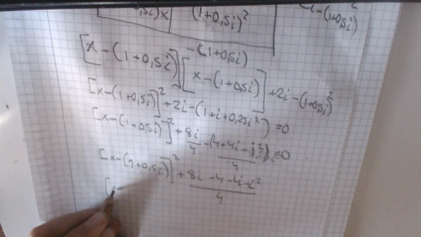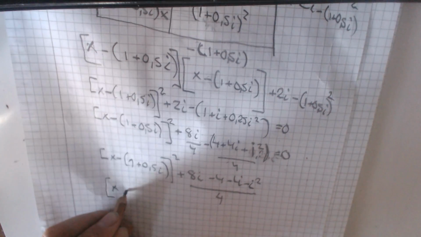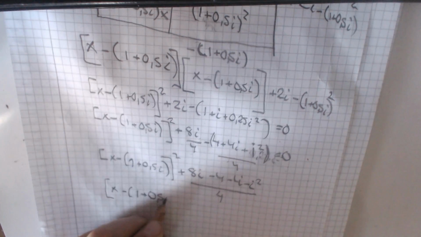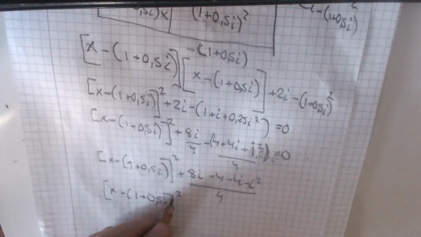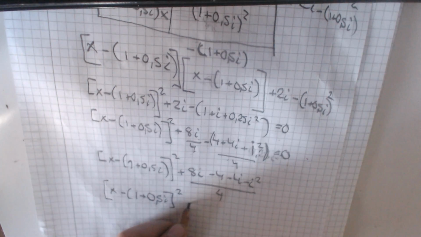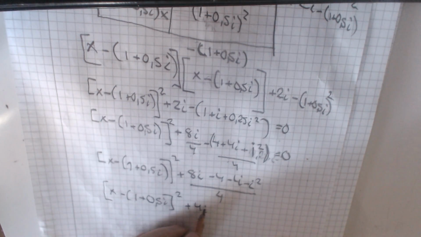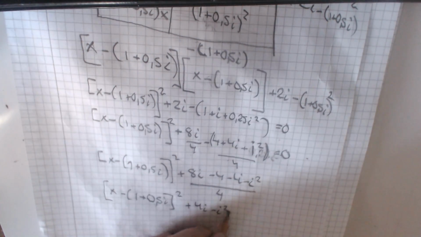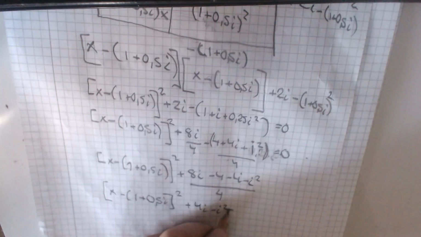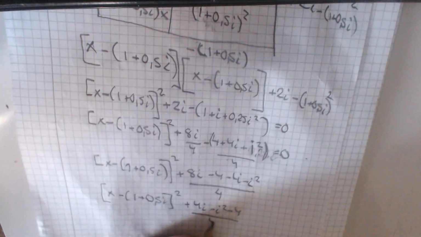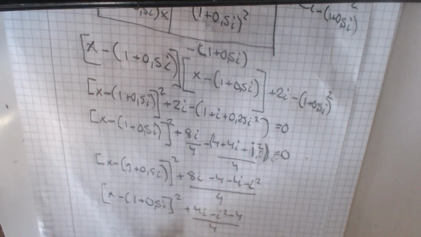And this can be rewritten as x minus (1 plus 0.5i) squared, and here you have plus 4i minus i squared minus 4 divided by 4.